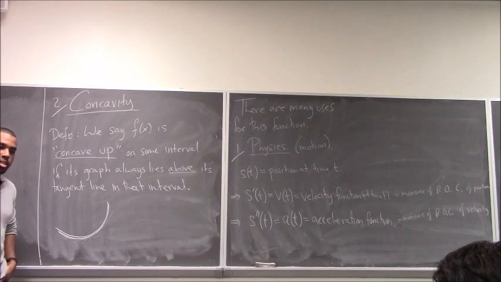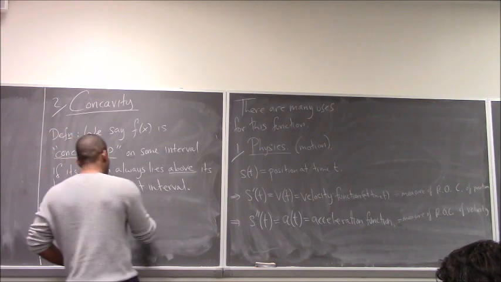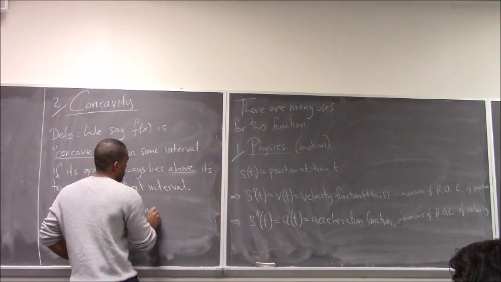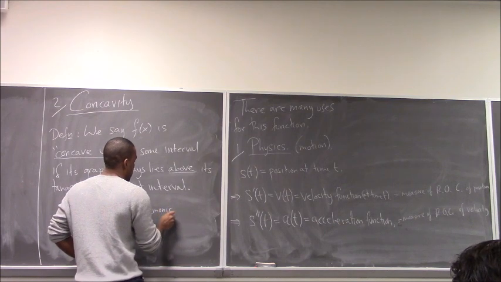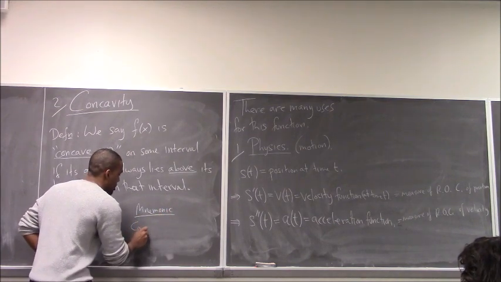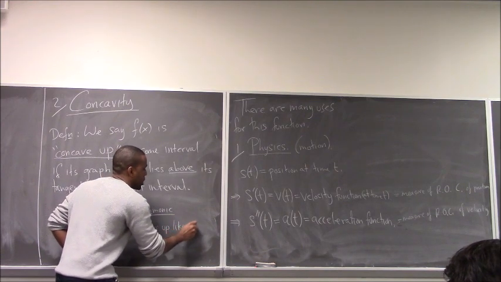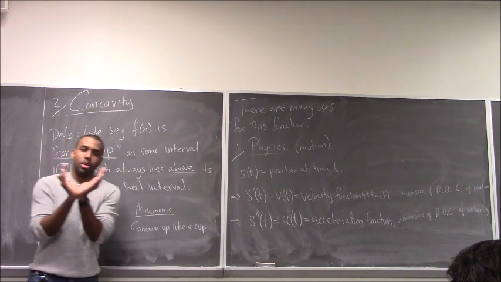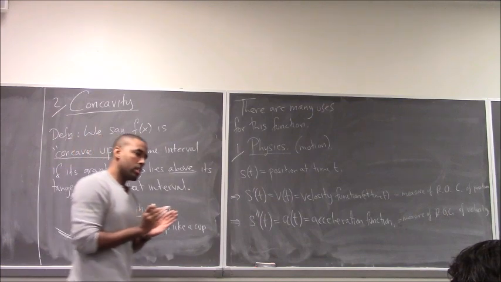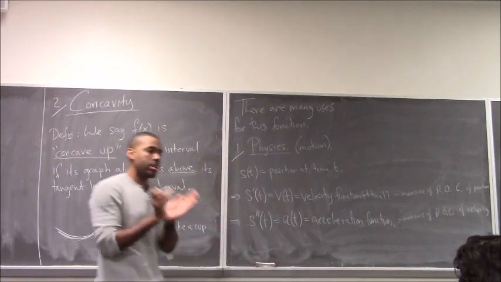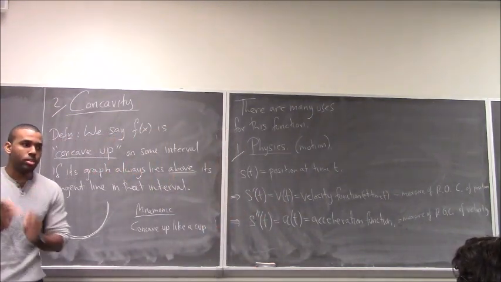It's kind of shaped like a smiley face. You can remember a mnemonic here: concave up like a cup, right? Up like a cup. Whenever a function is concave up, it's shaped like a cup.